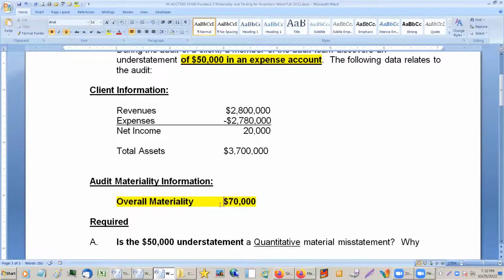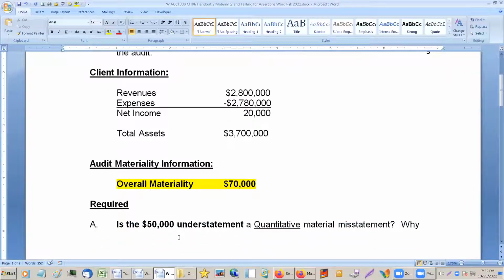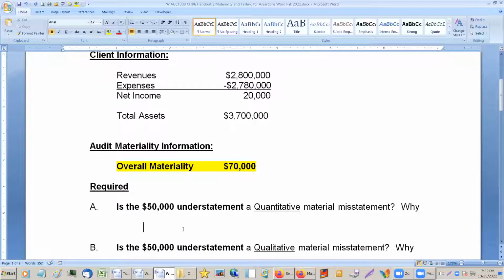We're saying that we'll allow for it to be off by as much as 70,000. So they find an expense account is off by $50,000. Quantitatively, dollar-wise, is this misstated? Anyone?